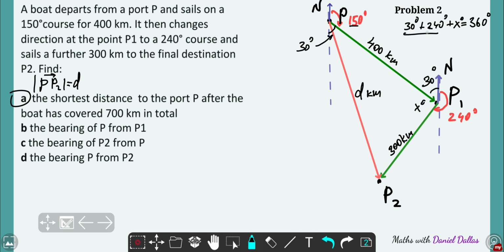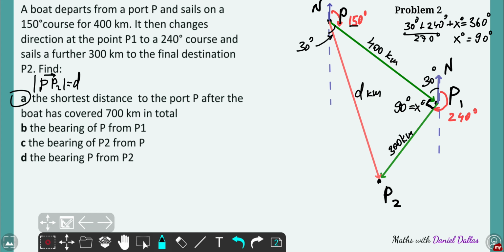From where we know this is 270 and we can figure out X as the difference, 360 minus 270, it's 90 degrees. So hopefully this angle is 90 degrees and we have a right angle right here, okay? So this angle is the right one. If we use this fact of a 90 degree angle, we can figure out using Pythagoras, no problem.